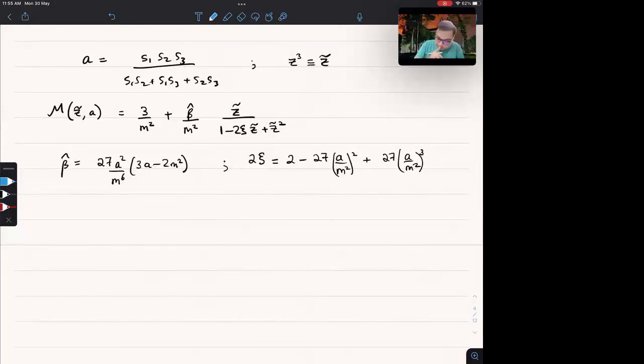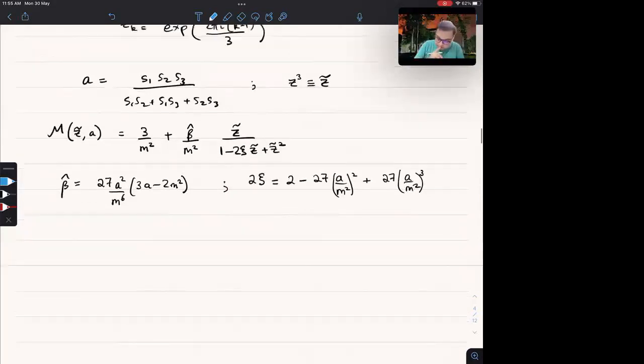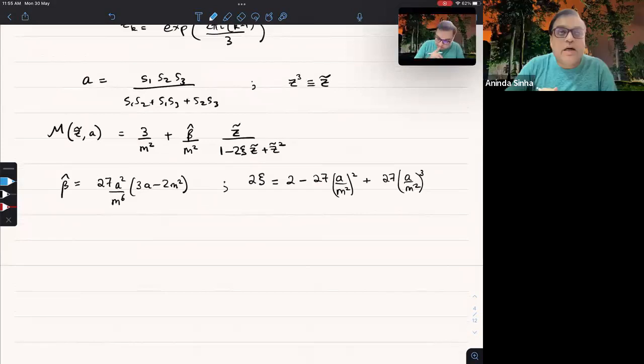Now, Aninda, this particular denominator is a coincidence. Coincidence in the sense that this is exactly going to be the same that will appear in the crossing symmetric dispersion relation. So you could think of the crossing symmetric dispersion relation as an integration over phi cube theories.